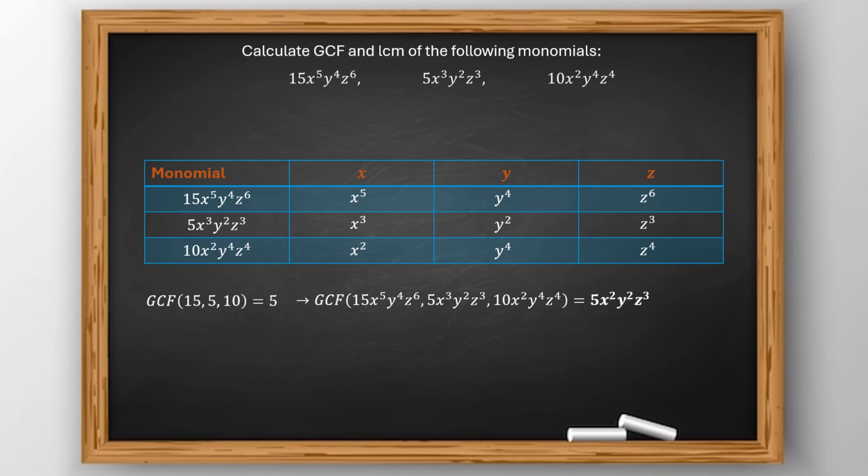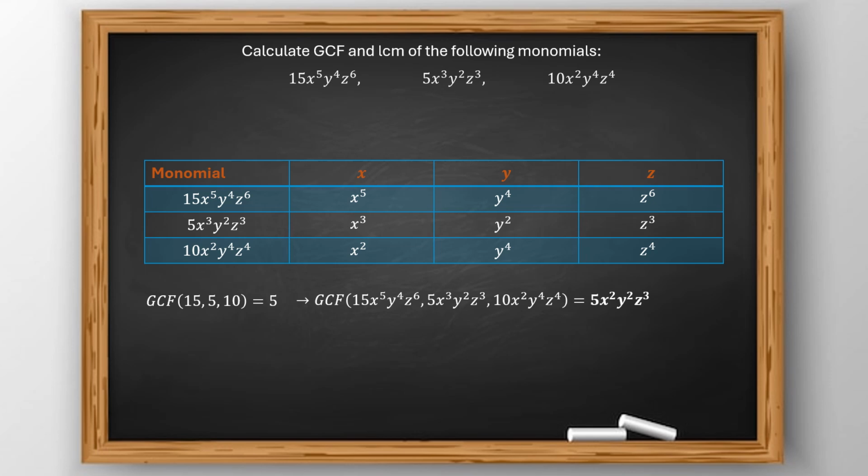If you do 5x cubed y squared z cubed divided by 5x squared and so on, you will get a monomial. Okay? If you do 10x squared y to the 4th z to the 4th divided by 5x squared and so on, you will get a monomial. This is the meaning. Okay? This is what we are saying.